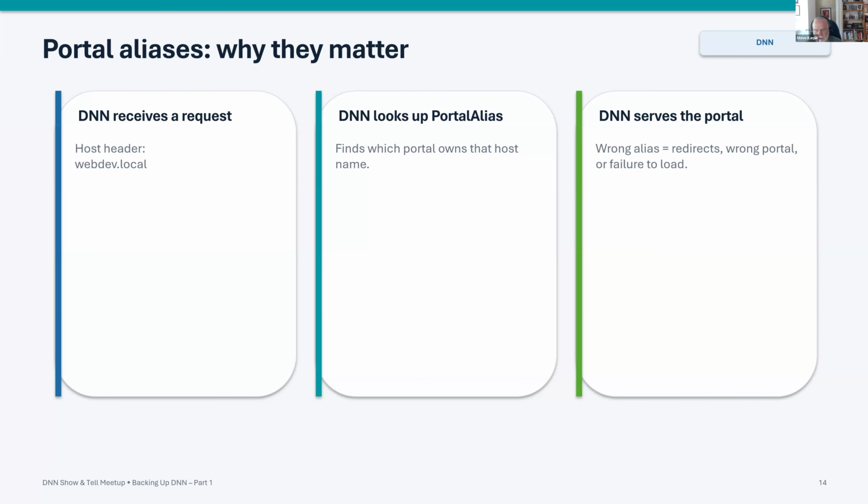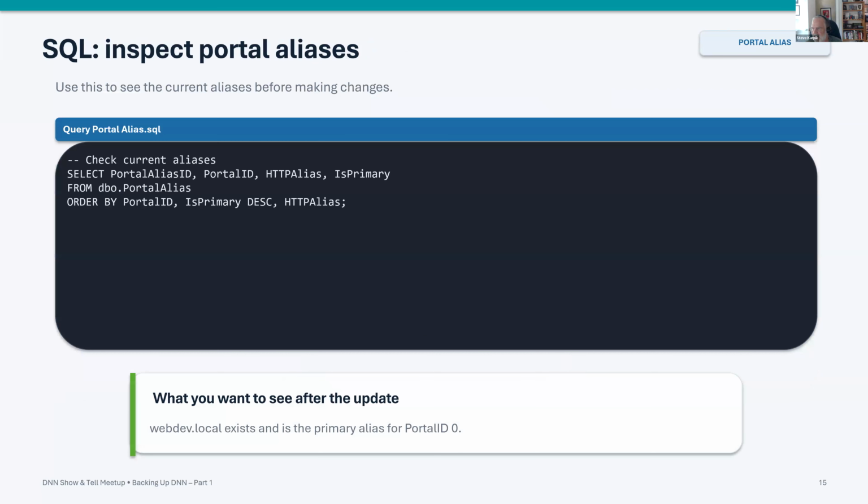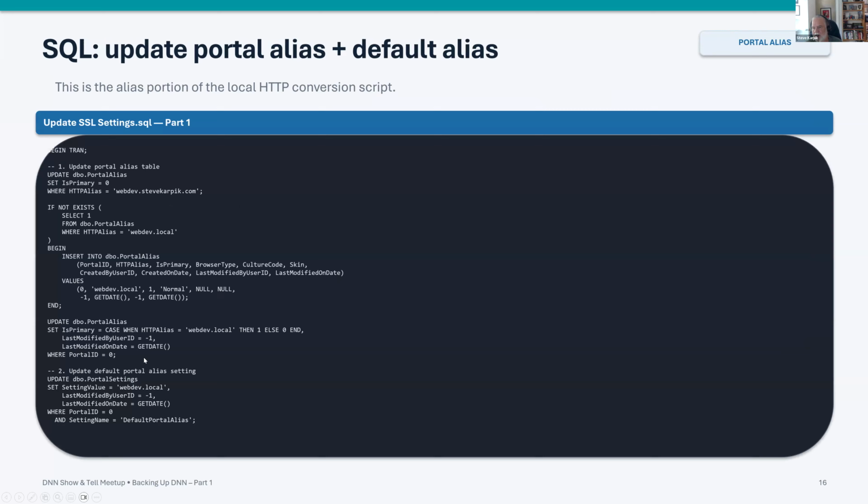So you have to fix that up. Again, there's a SQL query that lets you see what the values are there, and then another one that lets you change that from webdev.stevekarpik.com to webdev.local.